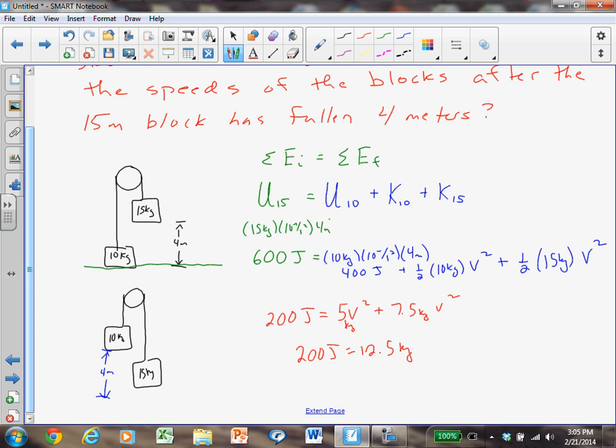So v squared equals 16. So the velocity would be 4 meters per second. Okay, we'll do other problems as practice in class.